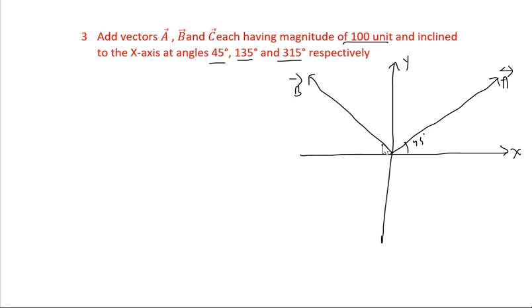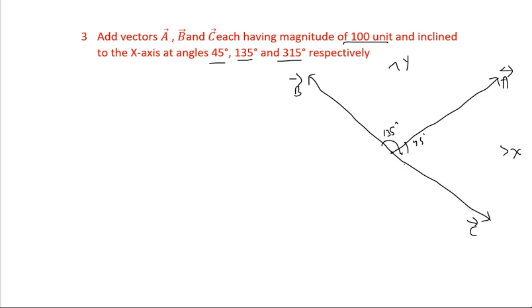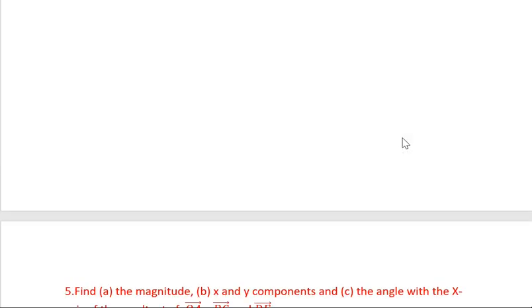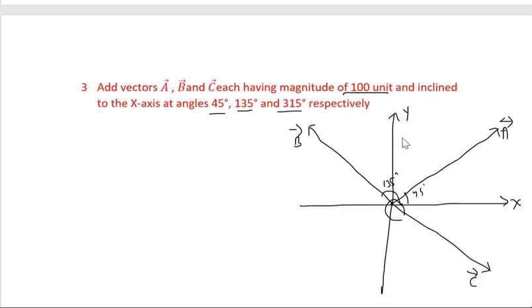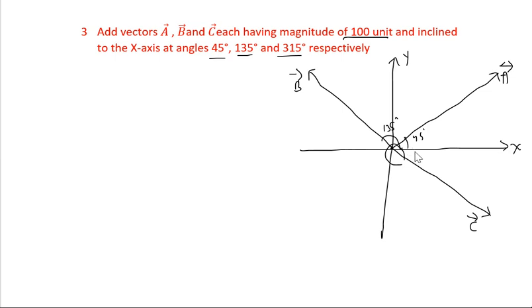This angle with the x-axis is 135 degree, and this is our c vector, which makes an angle of 315 degree.